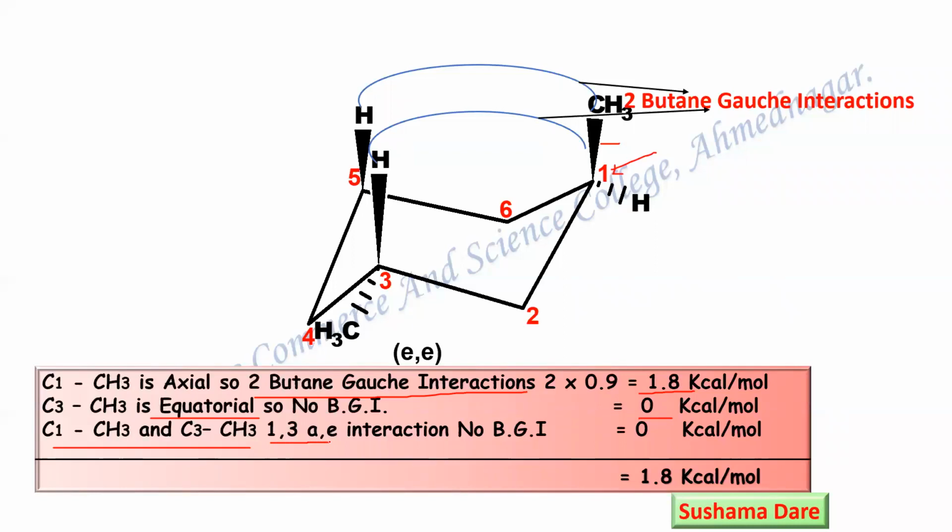There is a 1,3 AE relation, one position axial group, third position equatorial group. Now you can see they are far away from each other, therefore they never interact. So this and this group never interact with each other, hence the energy is also 0. So the total energy of this molecule is 1.8 kilocalorie per mole.